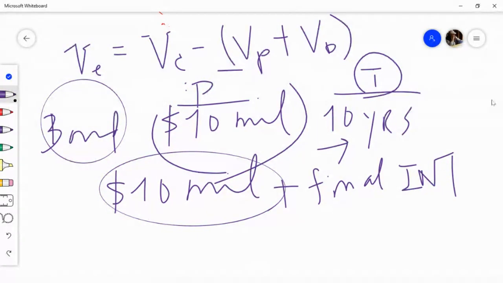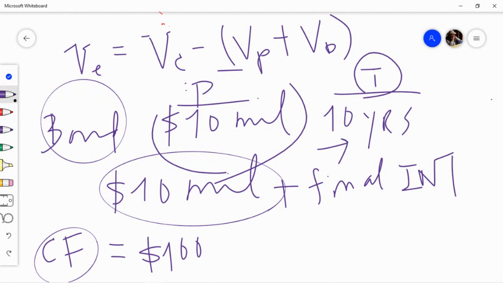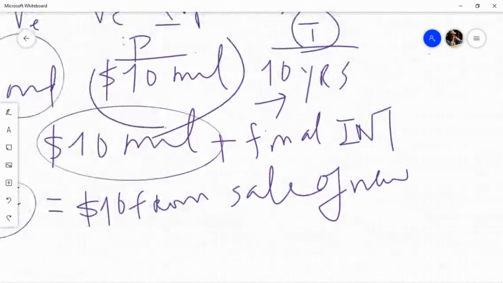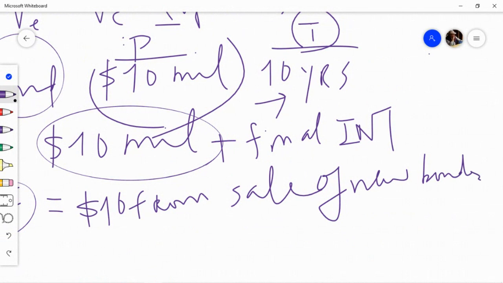Then we have a cash inflow of 10 million at year 10 from the sale of new bonds, right?